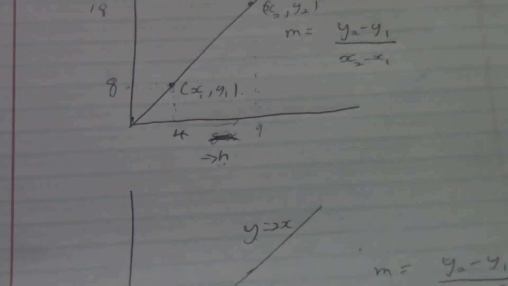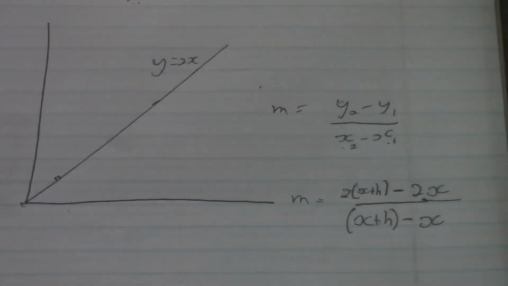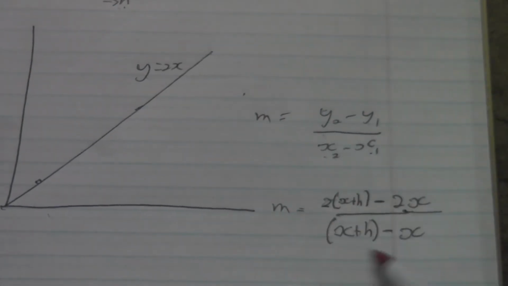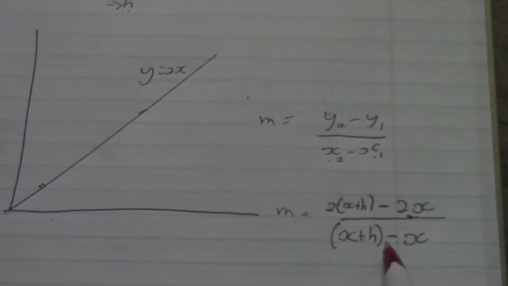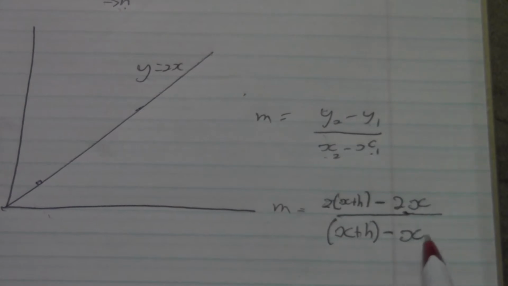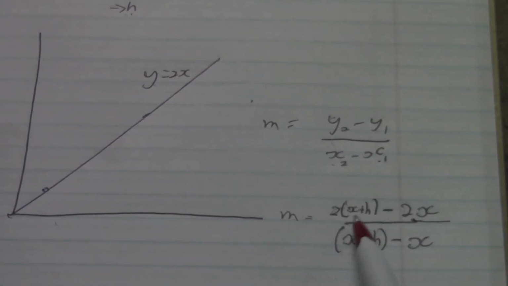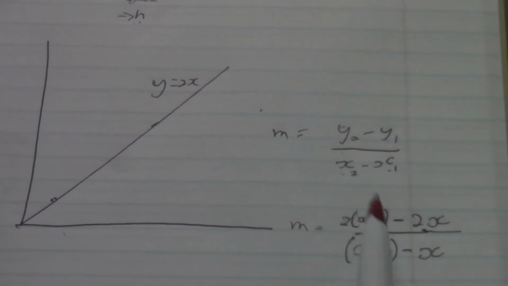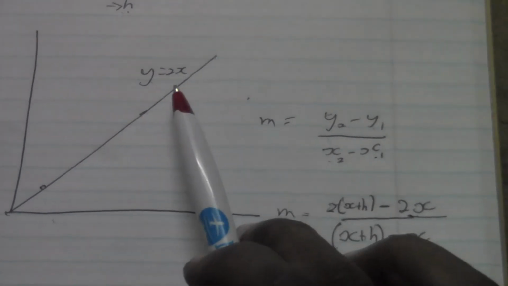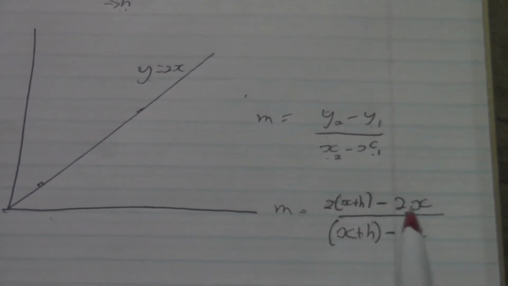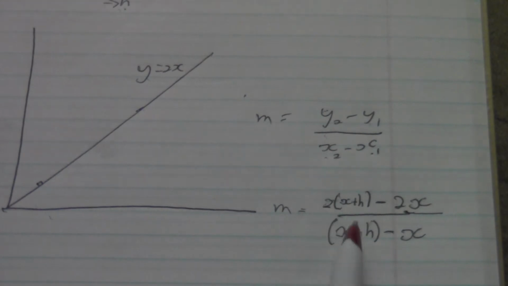Alright, before we go on, look at this one more time. This is the gradient of the straight line. The denominator will always remain the same no matter what function we get, but the numerator will change. For instance, this is 2 times this because the function is 2 times x, and this 2x is the function itself.